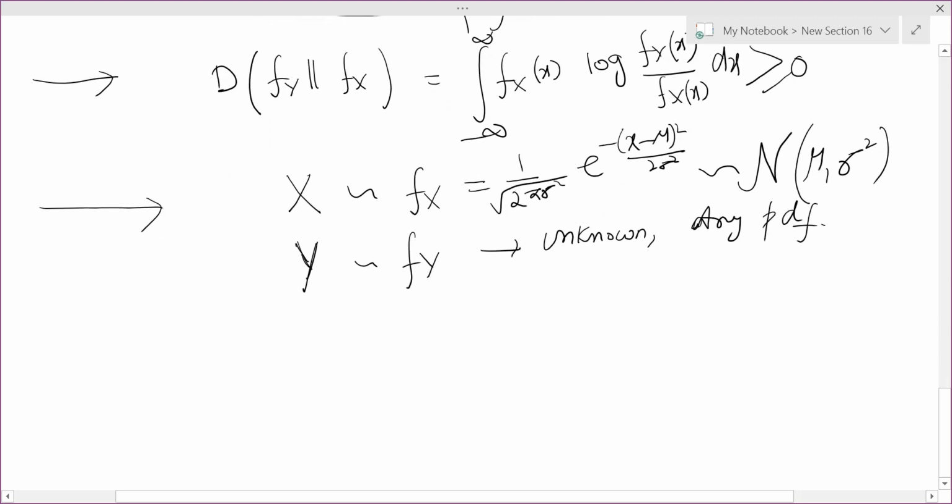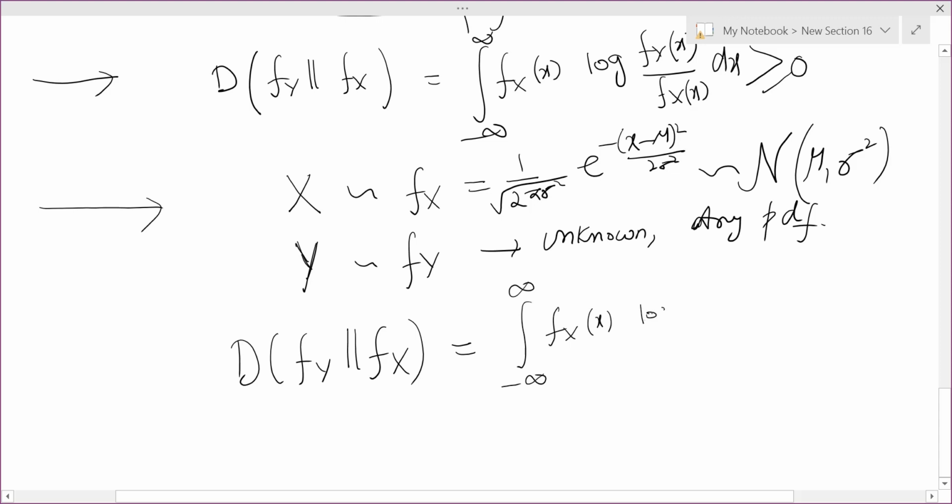Now let's compute the relative entropy when fx is Gaussian and fy is any distribution. So we don't know which distribution it is. It can be any other general distribution. So we write it: fx of x log of fy divided by fx of x.